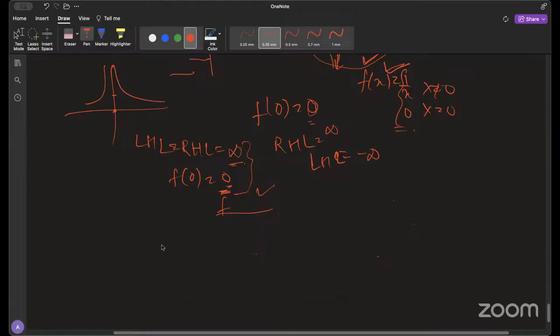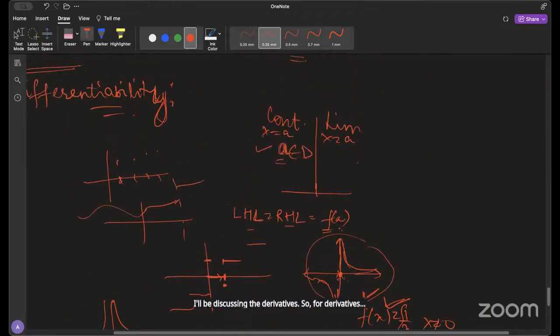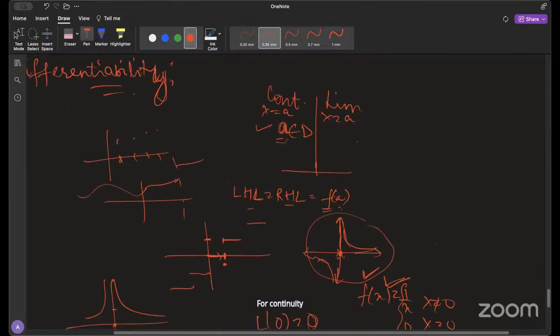Now we're discussing the derivatives. So for continuity, this condition is essential and this condition is not essential. Essential means if it's true, then well and good, but if it's not, you don't need it. It can be true or not be true. We've discussed this in the definition of continuity.